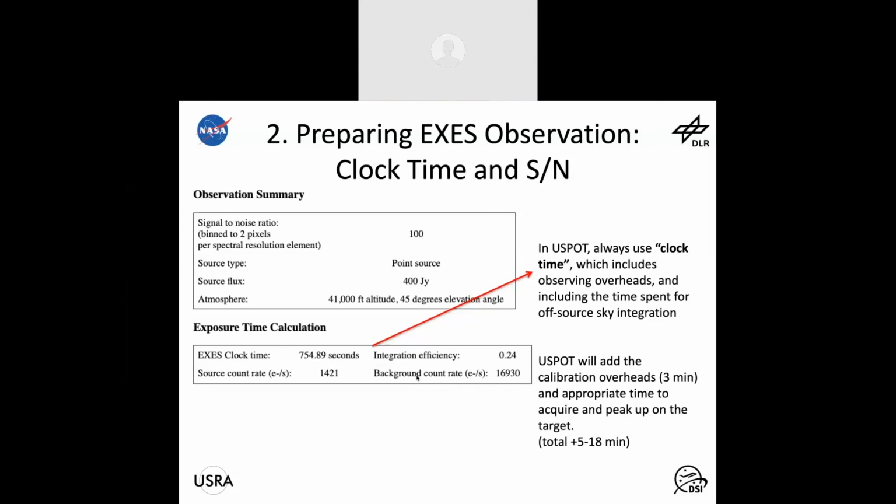So this is a clock time as known by USPOT. You put this in for your integration time. In place of what other instruments call integration time, we call clock time. USPOT will add additional calibration overheads.